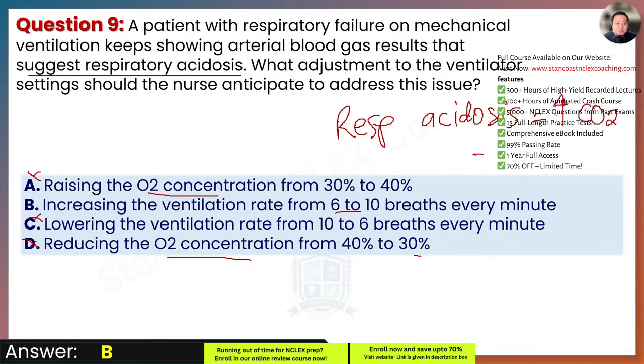So what you need to do here is increase ventilation. As easy as that. Okay? If you're doing it the wrong way, if you are decreasing the ventilation, it will cause more CO2 to be retained in the bloodstream. All right, so I hope that you got this question correctly.